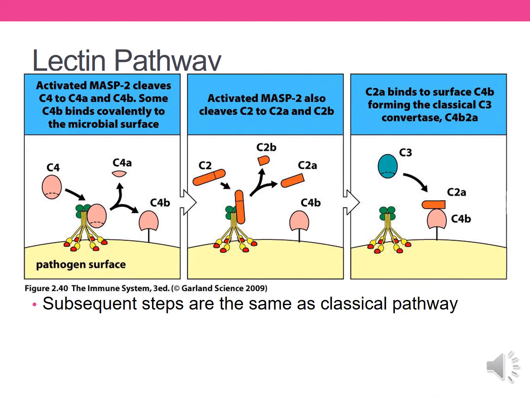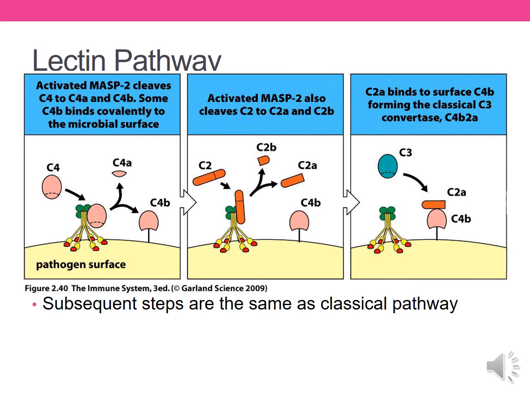So here's a diagram of the lectin pathway. We have our MBL that has attached itself to the pathogen surface. And then C4 will come along. This MBL will cleave C4 into C4a and C4b. C4a will diffuse away, and C4b will attach itself to the pathogen surface.